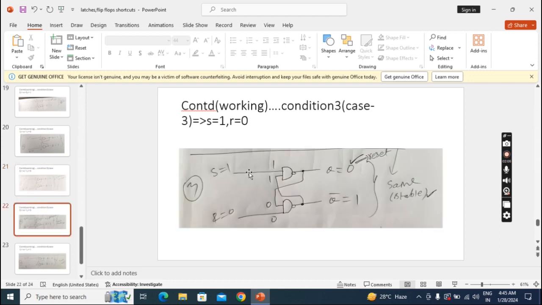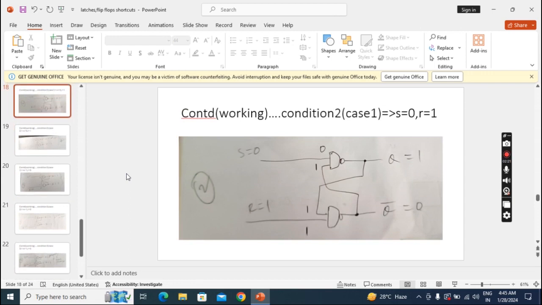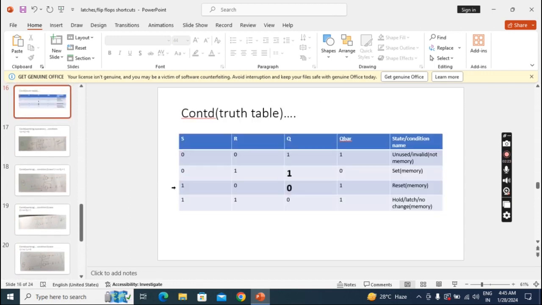Q0 Q bar 1. Here also we got Q0 Q bar 1. So this is the stable output. So we have to take it as the final output for condition 3, and note it down in the truth table. So for S1 R0, what is the output? See, for S1 R0, Q equal to 0, Q bar equal to 1.